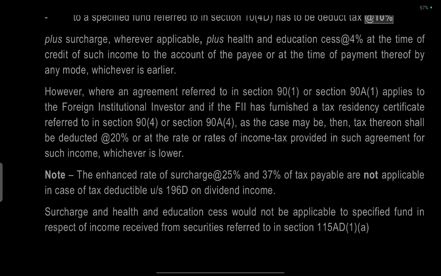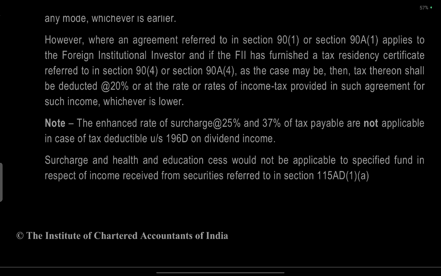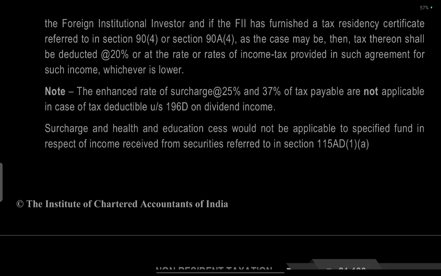However, if an agreement referred to in section 90 or 90A applies to the foreign institutional investor and the FII has furnished the tax residency certificate referred to in section 90(4) or 90A(4), as the case may be, the tax shall be deducted at 20% or at the rate applicable under the agreement for this income, whichever is lower.